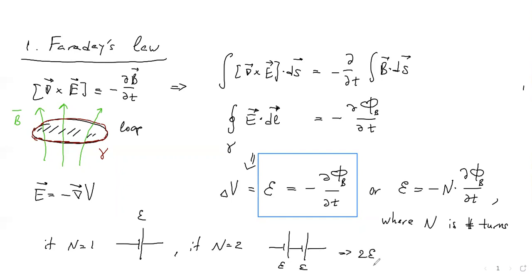And this is, I would say, an obvious or very natural statement. You have one turn, another turn, they are connected in series. In each turn you will induce EMF, so they add together. So then for the total EMF induced in the loop with many turns, I would just add this multiplier n, which corresponds to the number of turns.